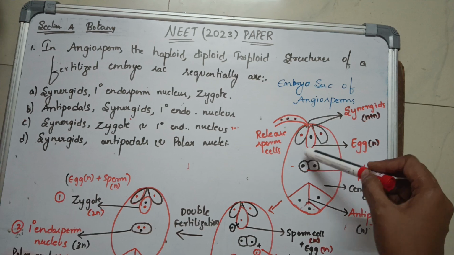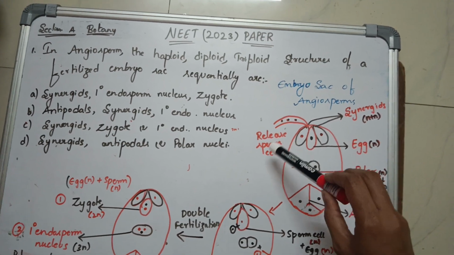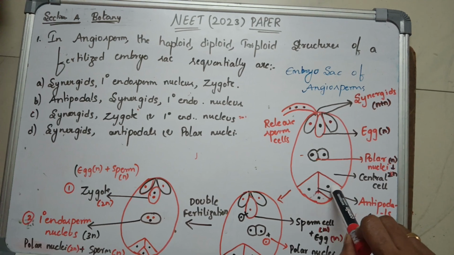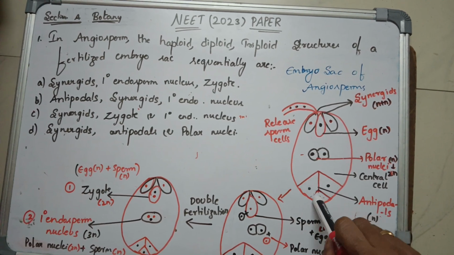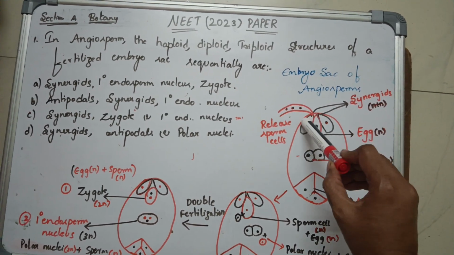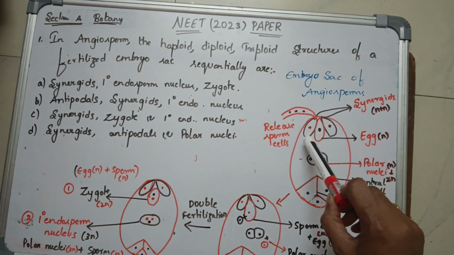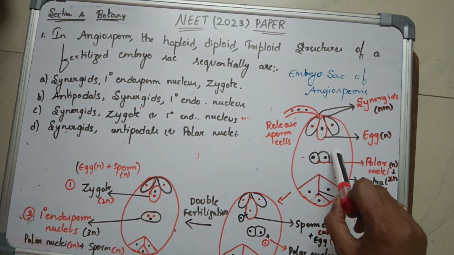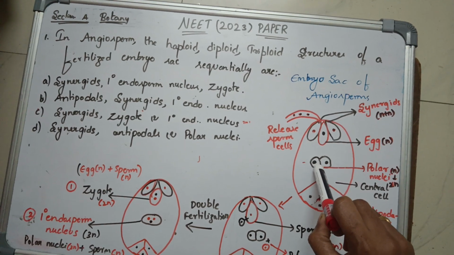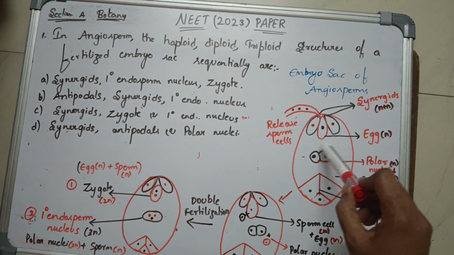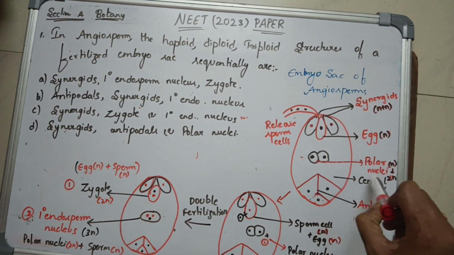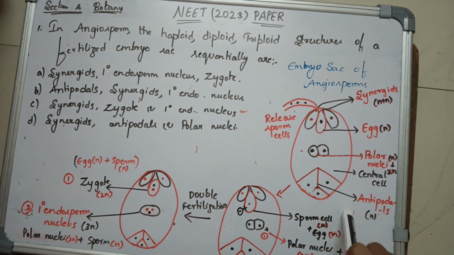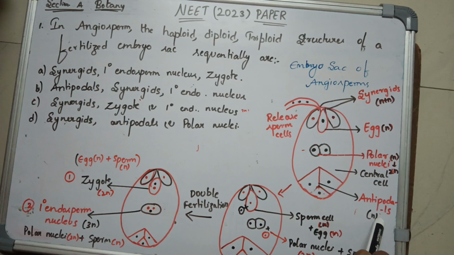On the other end we have three antipodal cells. The synergids are haploid and the egg cell is also haploid, whereas the two polar nuclei combine to form one nucleus, but we'll see them separately; they are 2n. The antipodals are haploid.